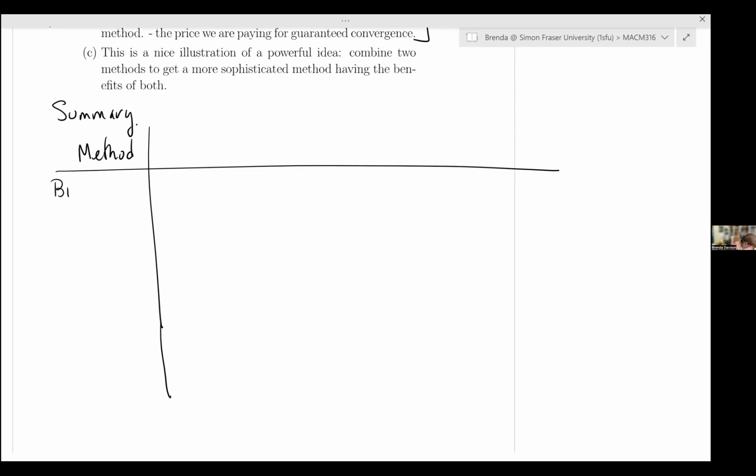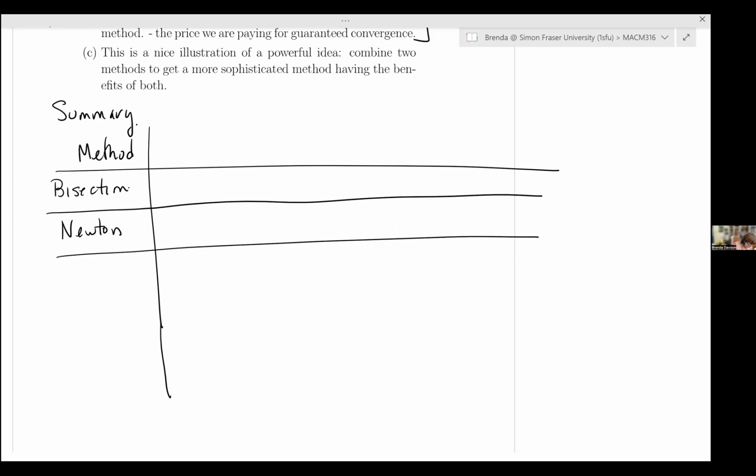Bisection. We saw a bisection method. We saw Newton's method. Then we saw the secant method. And finally, we saw the method of false position.